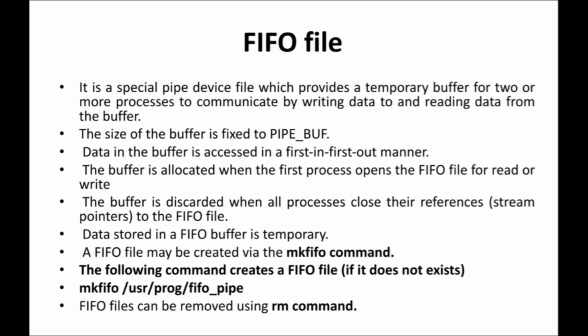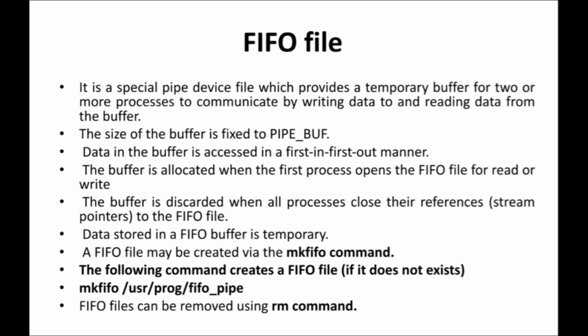The buffer is allocated when the first process opens the FIFO file for read or write. If one process reads, another process should write. If it's write, another process should read. So whenever the first process opens this FIFO file for read or write, the buffer will be allocated initially.